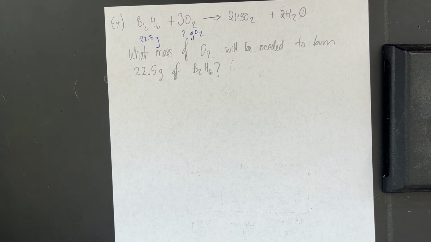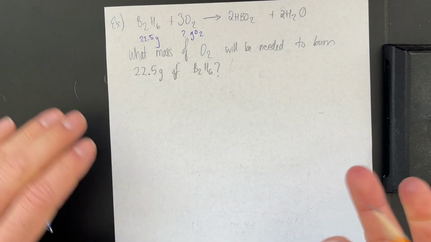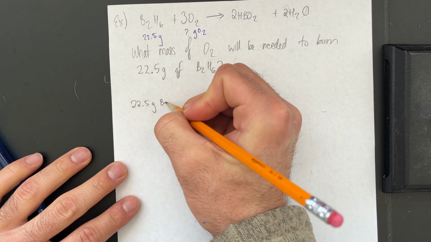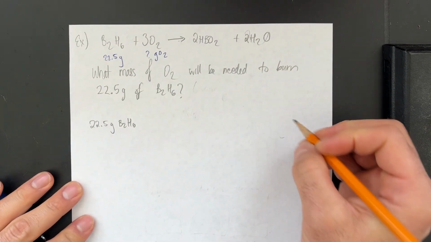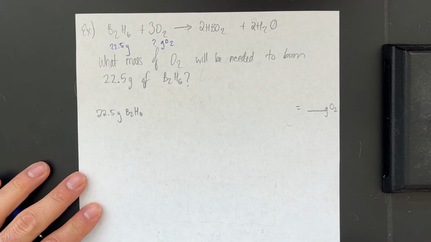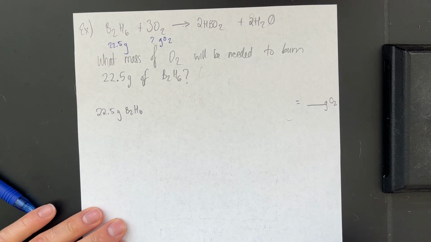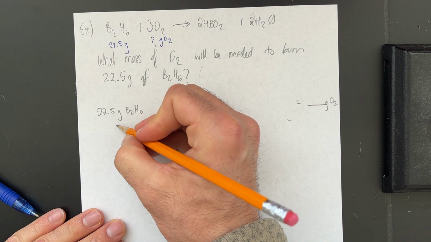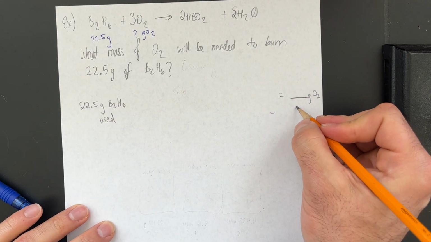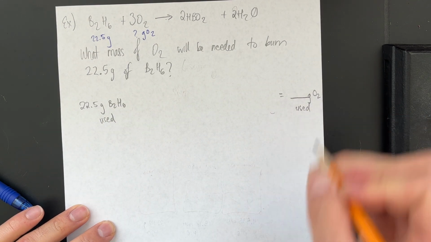And so how would we do this? Well, same thing. We have 22.5 grams of B2H6. What we're trying to get to is how many grams of O2 is going to be needed in that situation. So you can even label this with grams of B2H6 used, then how many grams of O2 is going to be used.